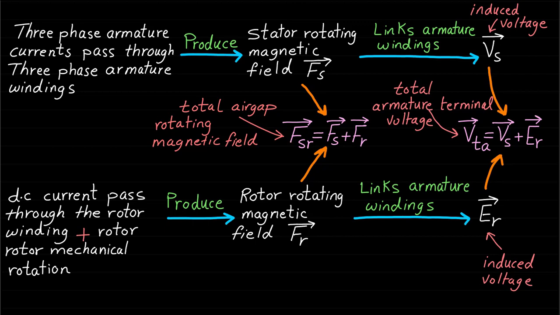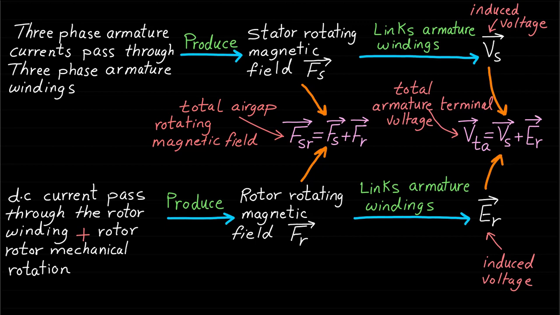This important concept of air gap rotating magnetic fields and induced voltages of the machine will be discussed mathematically in detail in the future lectures. Note that this concept is applied to both synchronous generator and synchronous motor.